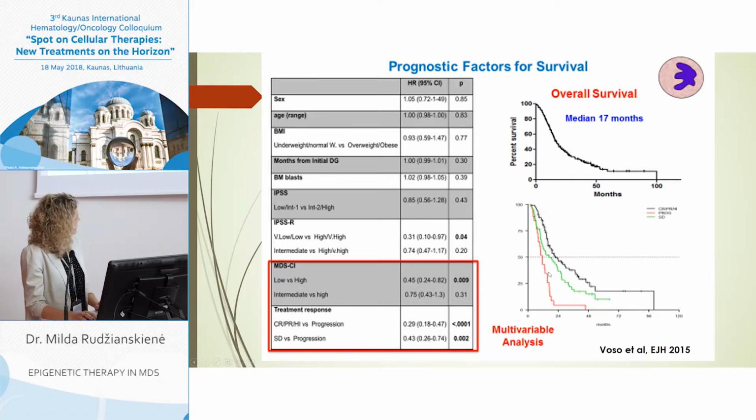And then you can see in the curves that the patients who achieved remission, the response rate, had overall survival statistically longer than the patients in progression.